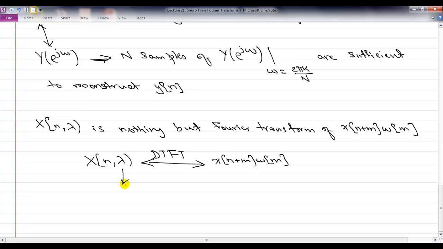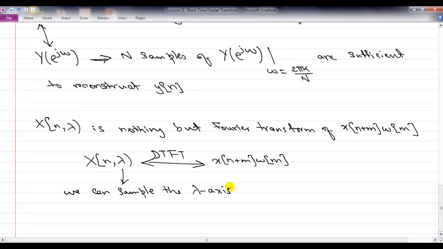We can sample it along the lambda axis as long as what is true. So a discrete sequence is uniquely determined by its samples as long as the samples are computed at intervals of 2π over N and the length of the signal is less than or equal to N, the usual discrete Fourier transform relationship.